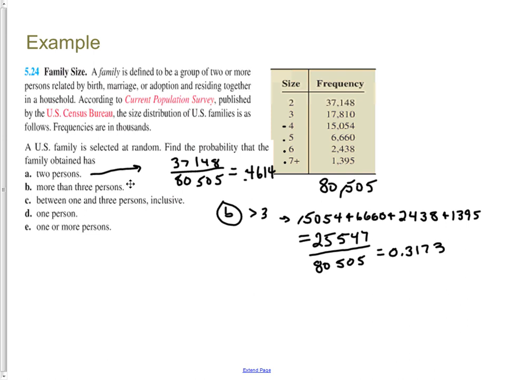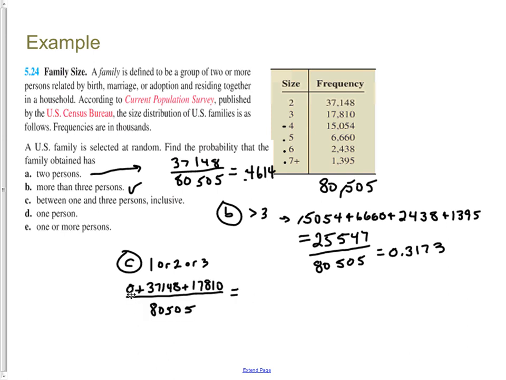How about this one? Between 1 and 3 persons inclusive. So, do we have any families of size 1? No. But in this question we're talking about between 1 and 3, so we're really saying 1 or 2 or 3. So really what we're going to do is add up these families that have 2 or 3 and figure out the fraction.